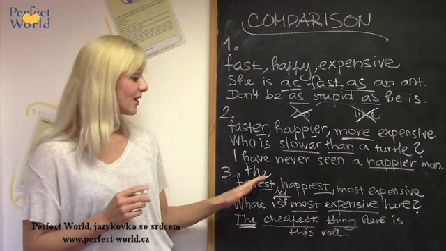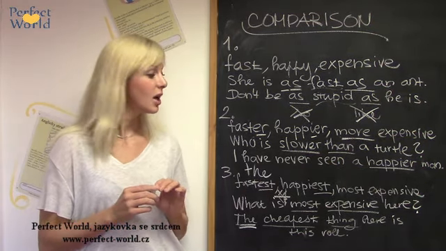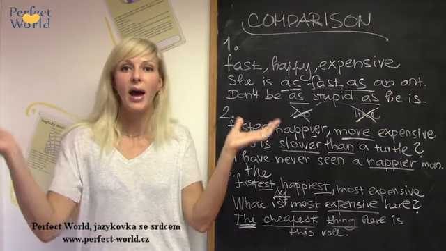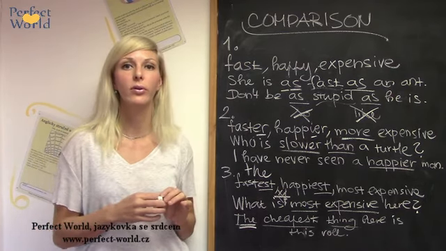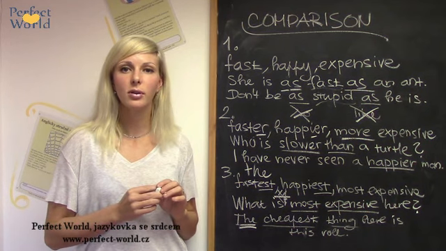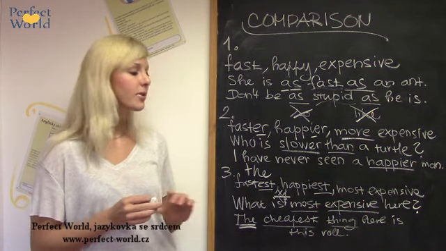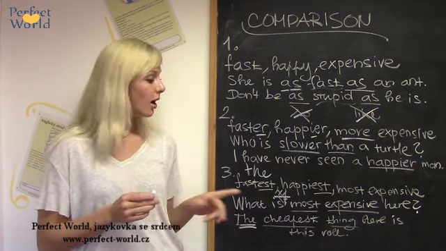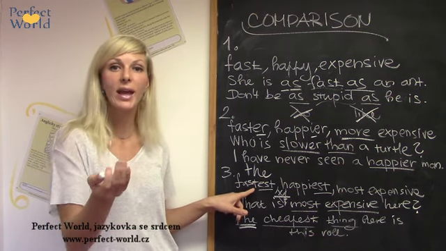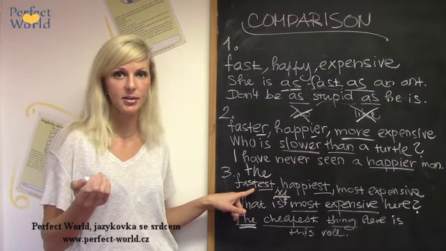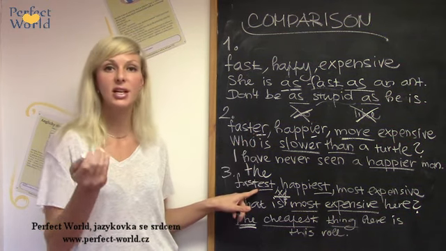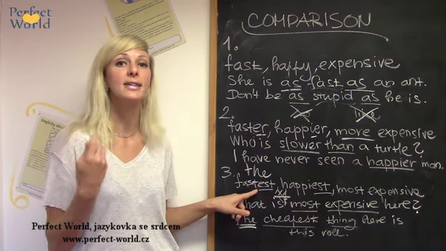Okay, that's it. And then let's have a look at the third, last grade, which says that something is just the best or the most beautiful or craziest in the world and so on. So here it's very easy as well. For the one syllable words we only add est. So instead of er we add est and we have the word fastest.